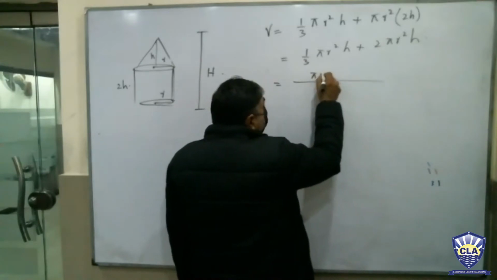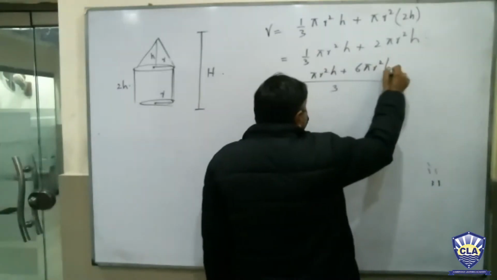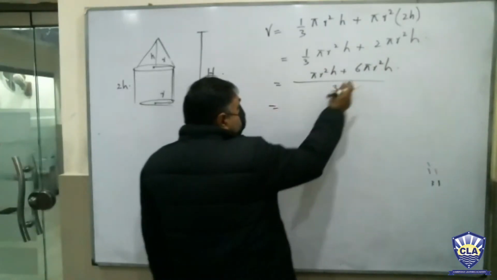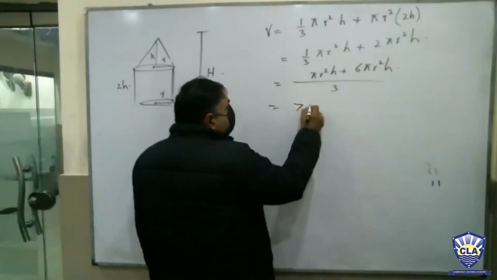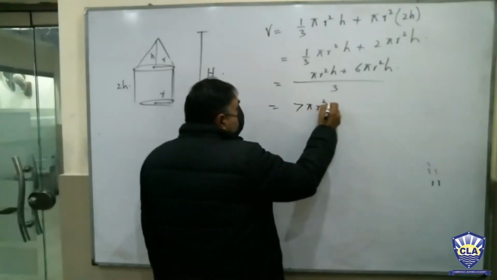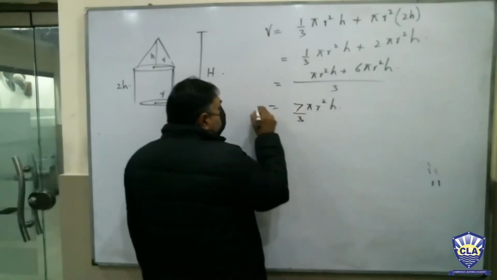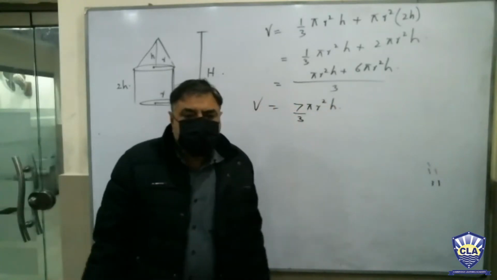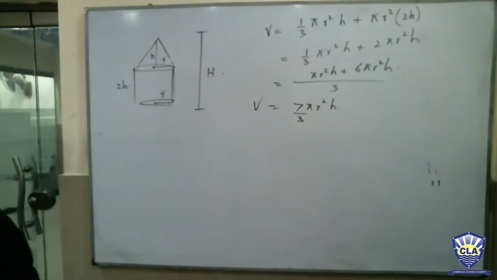So it is pi r square h plus 3 2s are 6 pi r square h. Total is 7 pi r square h upon 3, the volume. Is it in terms of capital H? Say yes or no.